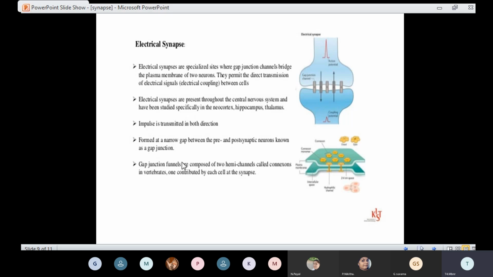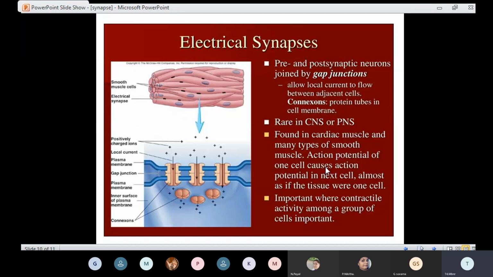Gap junction channels are composed of two hemichannels called connexons in vertebrates, one contributed by each cell of the synapse. Like that, each will give a hemichannel, and these two will join to form the gap junction. Here you can see the electrical synapse.